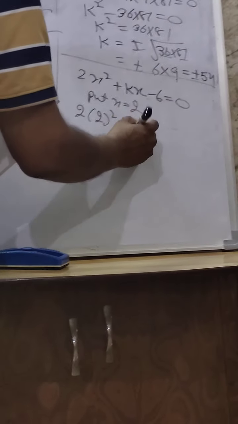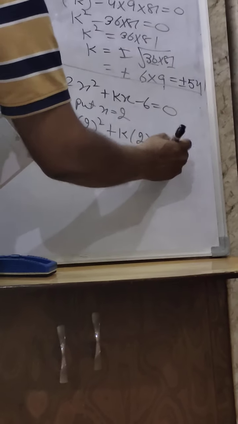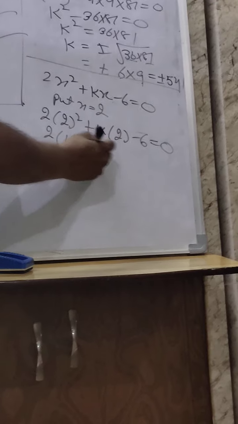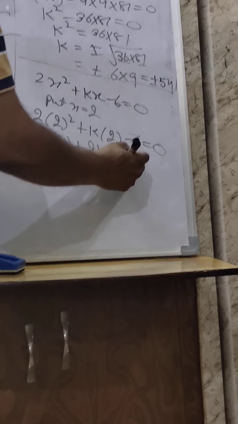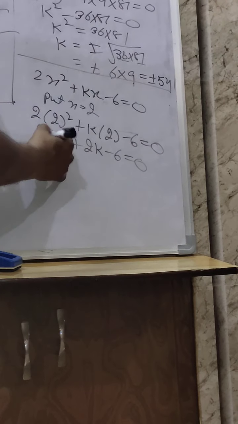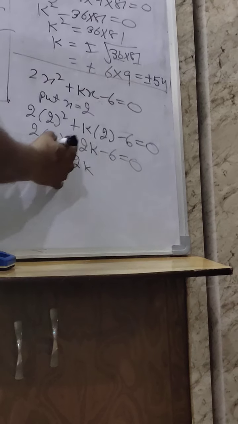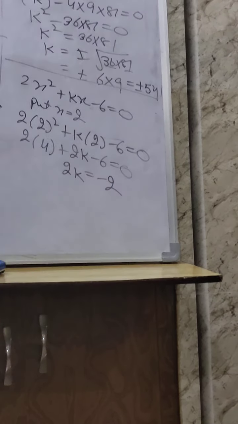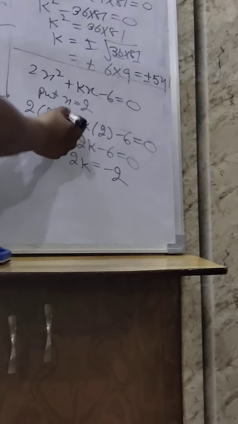So put x is equal to 2. So 2 into 2 square plus k into 2 minus 6. 2k minus 6. 2 square is 4, 4 2s are 8.